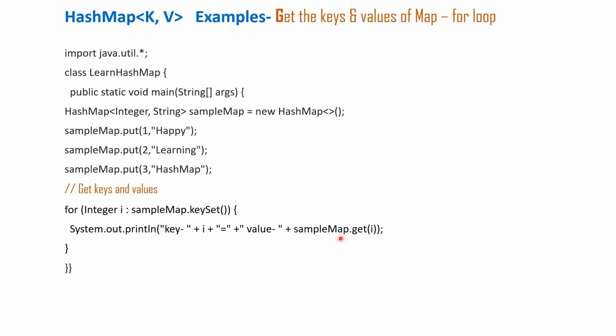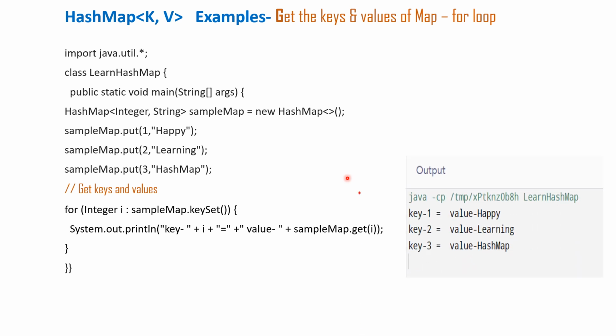So directly we can mention get of I here. So how will it give output for us? Key 1 equal to value is nothing but happy. Like this way, if you want to print both keys and values using the for loop in the hash map, we can do it this way. Directly using the key set, like map entry, we will get the keys out of it. If you want to get values, directly get of I in the same for loop, then we will get the corresponding value. Hope this one is clear.